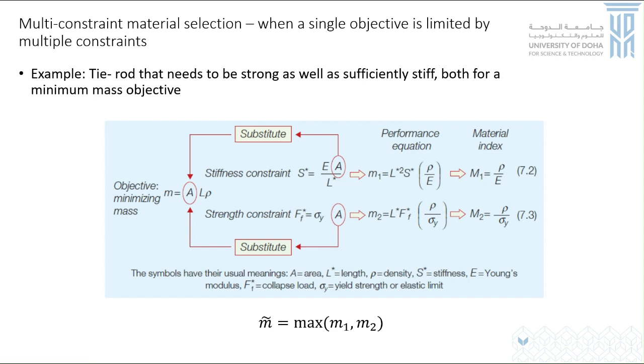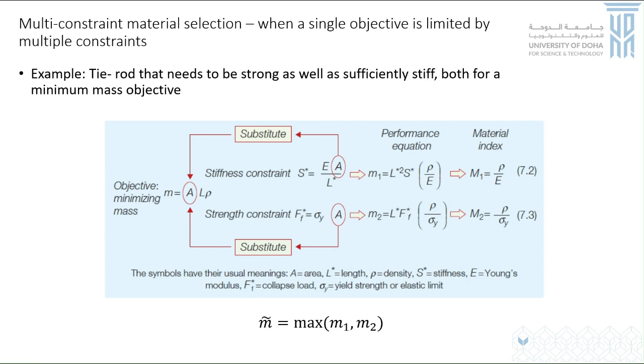So right now, if you want to optimize this material selection with regards to the deflection, your performance equation would be L squared S into density over E.